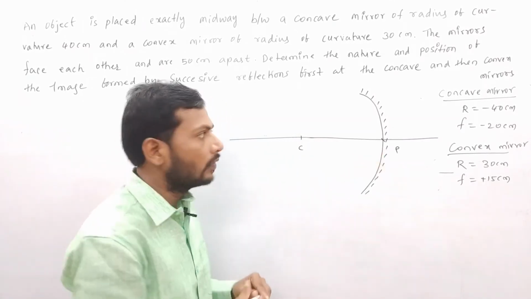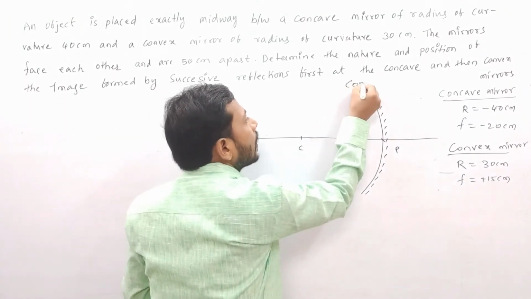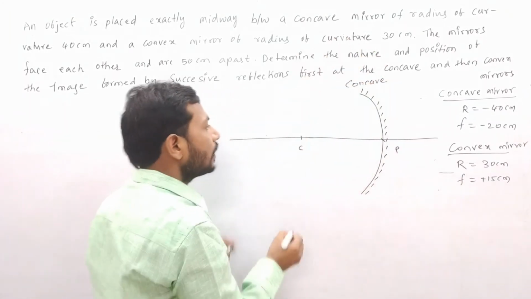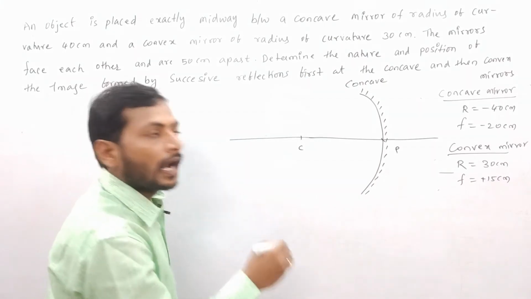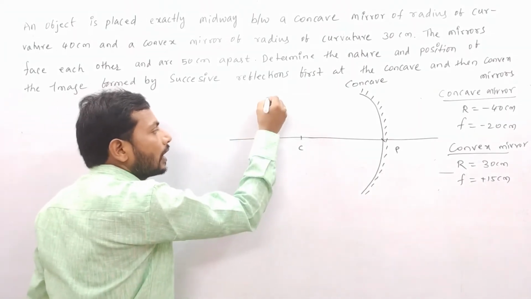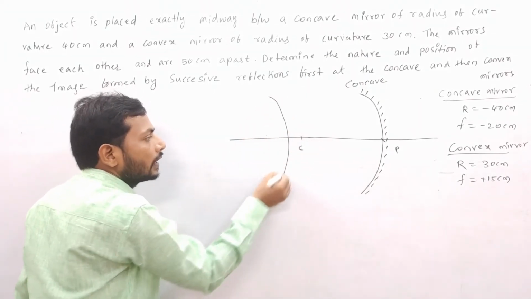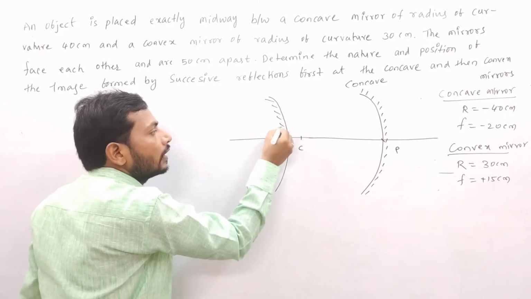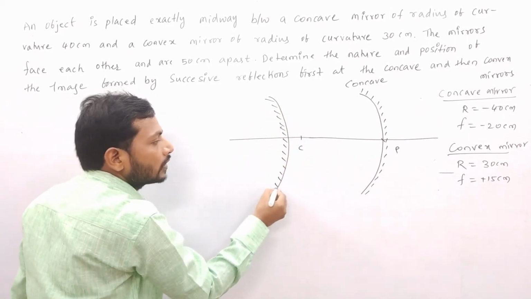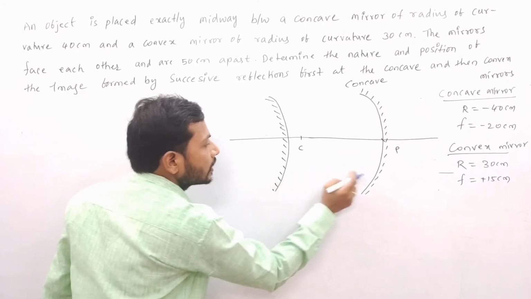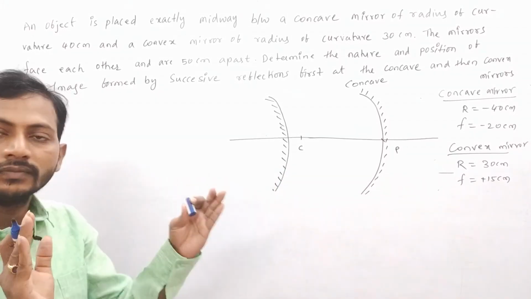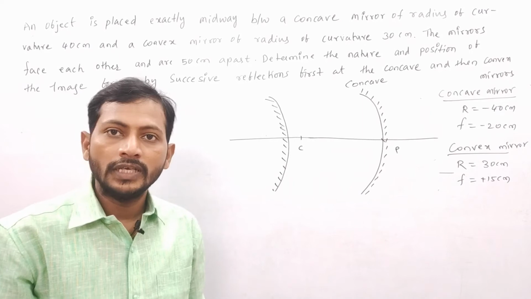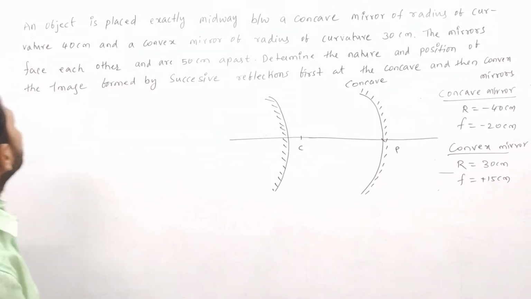This is the concave, I am writing here concave. The second one I am writing convex. Convex means I am keeping it like this, the colored side inside. Then observe, this face and this face are opposite to each other.